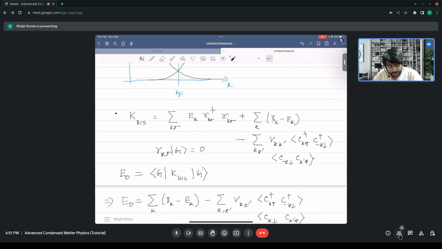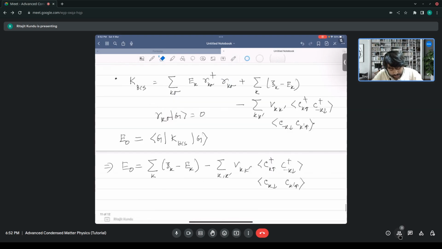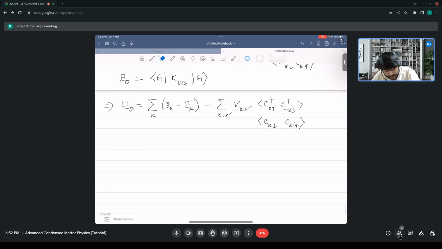Okay, so this actually gives rise to quasi particles. So these gammas are creation and annihilation operators of quasi particles. These are fluctuations, or some particles above the ground state, right? As I showed you, this E_k was given by the square root of xi_k squared plus delta squared, right?